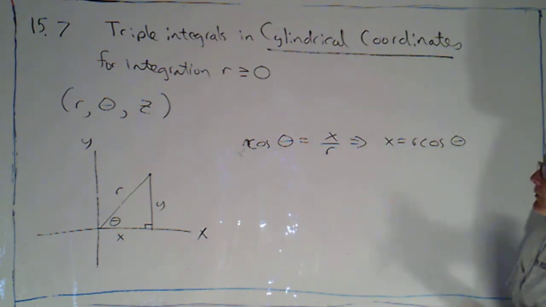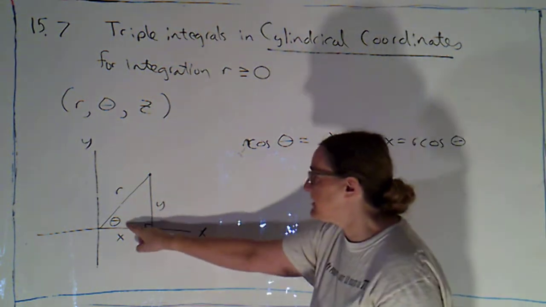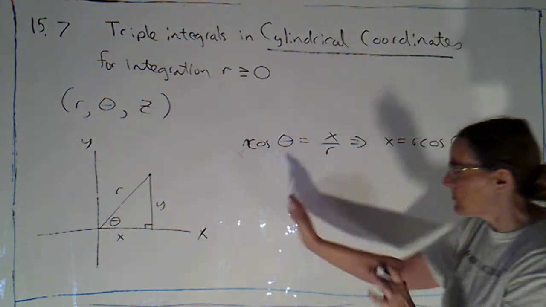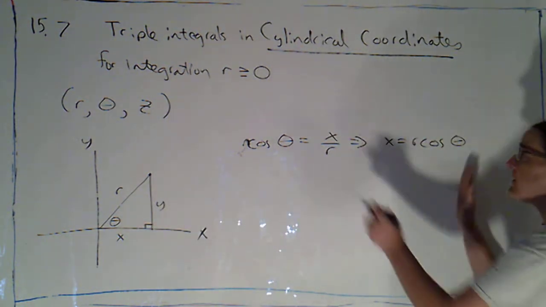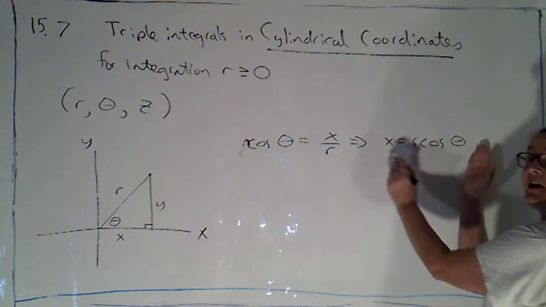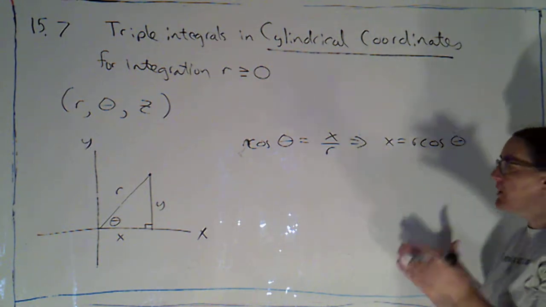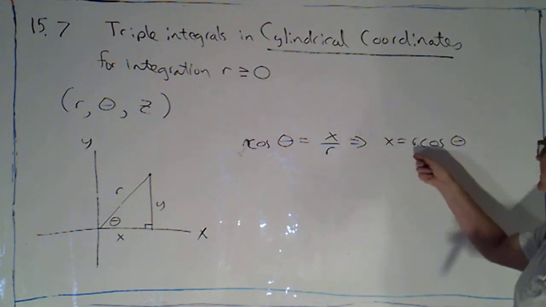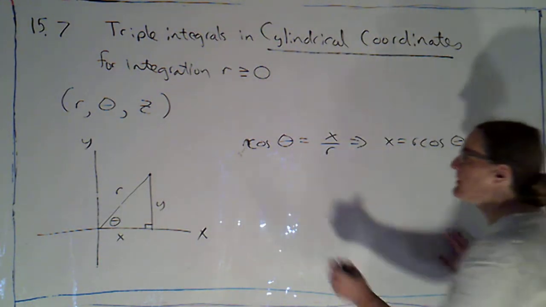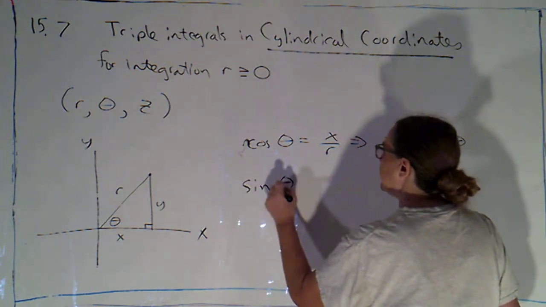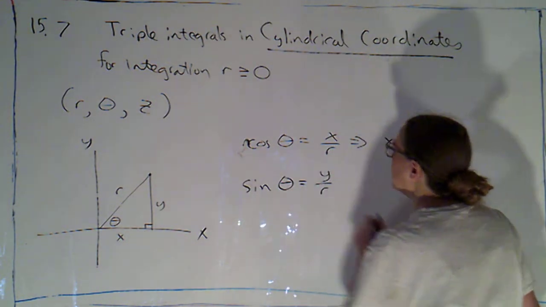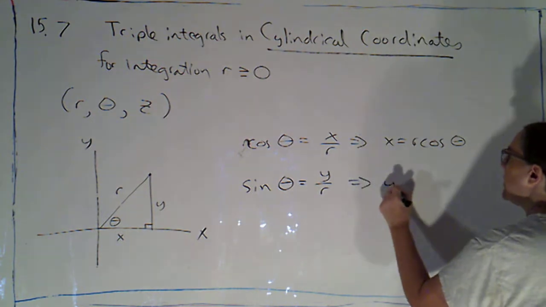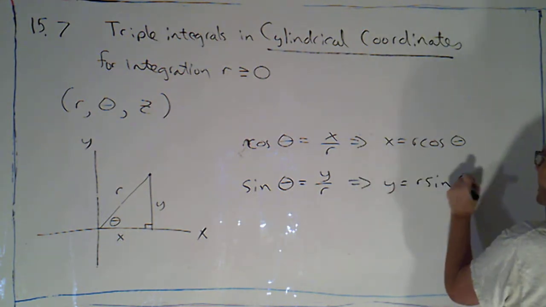Now, this picture supposes that theta is acute and r is positive and x and y are positive. Turns out that this picture can help me remember a formula that works all the time. So even if I were in a different quadrant, using a different value of theta, this would always work. Similarly, sine of theta is equal to y over r, which means that y is equal to r sine theta.